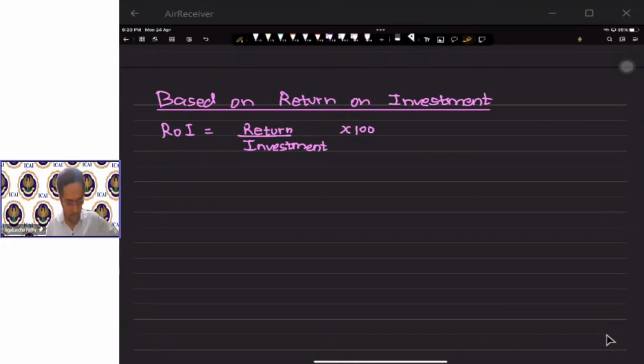Now to understand in more detail what type of returns we are talking about, let's look at an income statement.